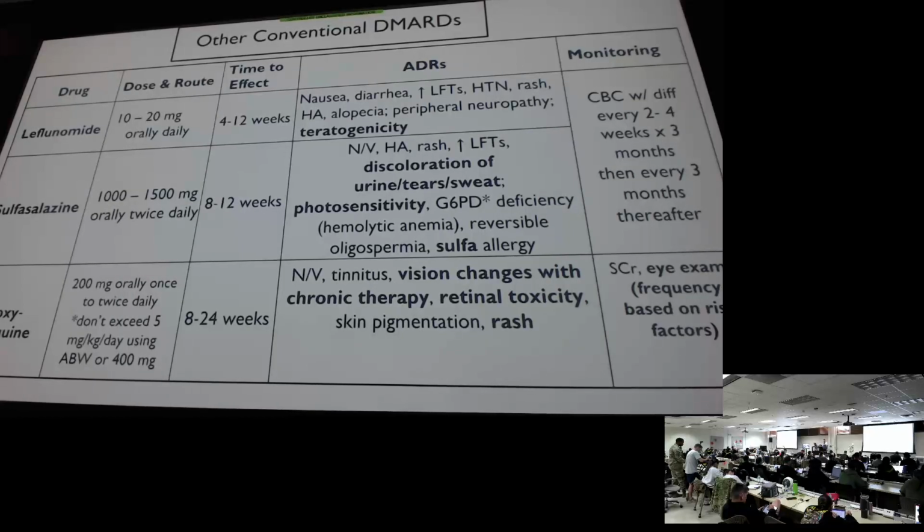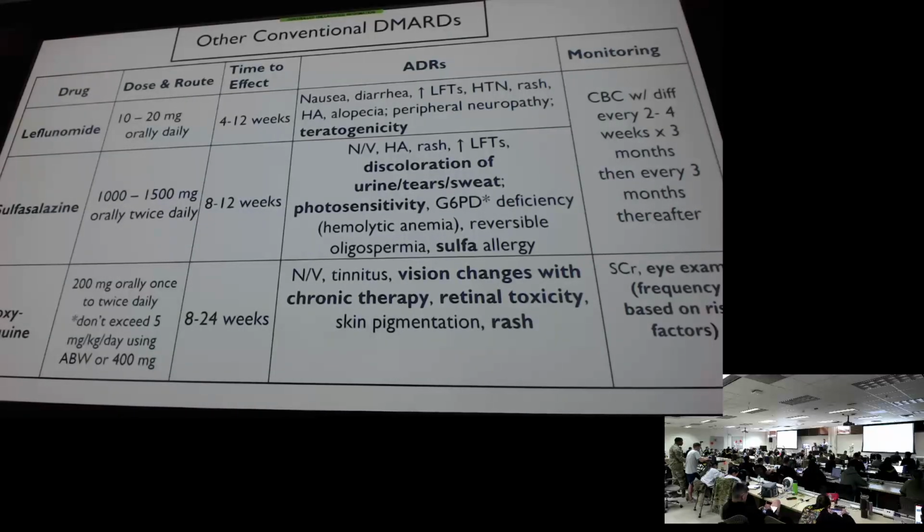So know that sulfasalazine causes that unique discoloration. Don't give it to G6PD deficient patients either. The big one on this list, though, is knowing about the retinal toxicity with the conventional DMARD hydroxychloroquine. Sulfasalazine and hydroxychloroquine can be used in pregnancy, but not the leflunomide.